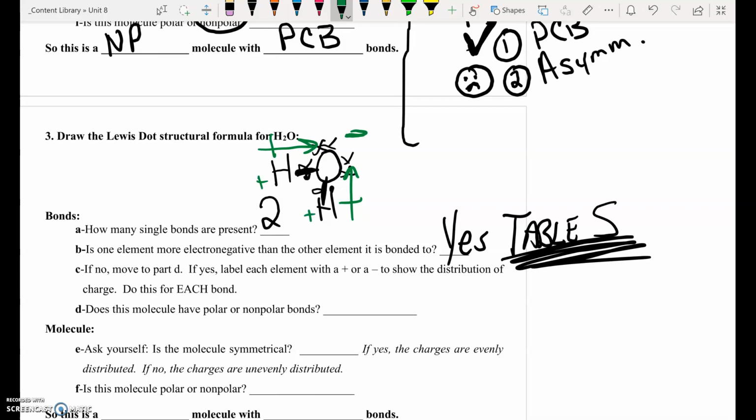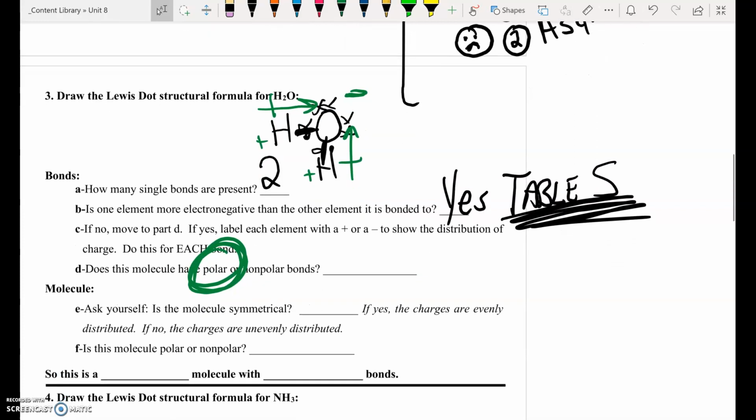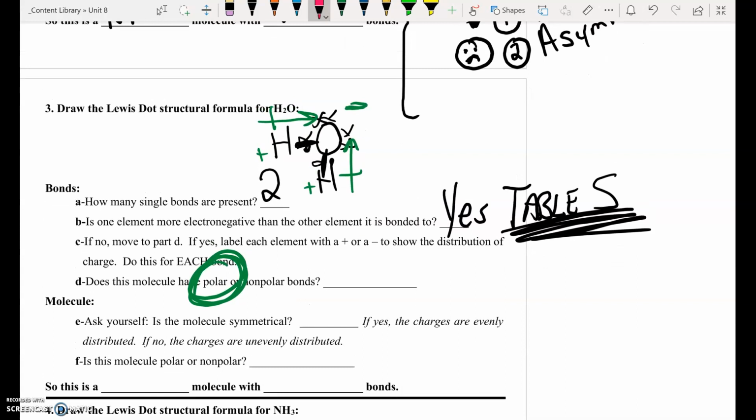Does this molecule have a polar or a non-polar bond? It's going to be polar because the electronegativities are different. Is it asymmetrical? Let's look and see if it's symmetrical. Cut it this way. Is the left side and the right side the same? No. Cut it this way. Is the top and the bottom the same? No. So that means it's asymmetrical.